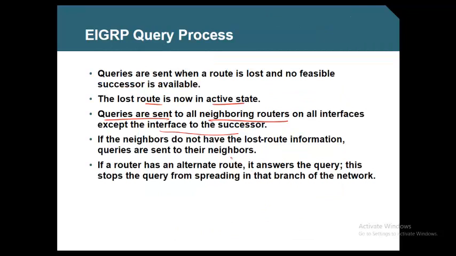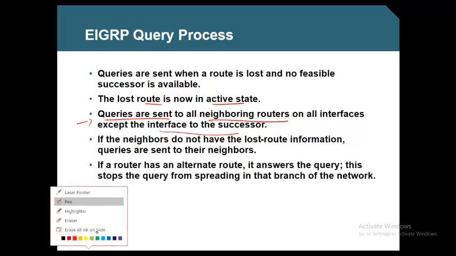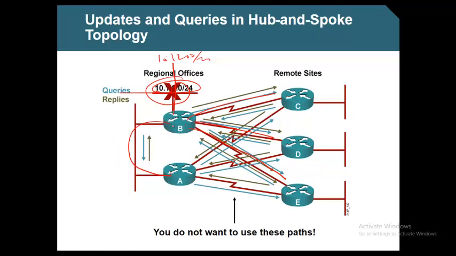You understand now this line: queries are sent to all neighbor routers on all interfaces except the interface to the successor. The successor was the best route. That only has gone down. Why would it query the same path again? It won't query. It knows that it has gone down. It got a message saying that it has gone down. So it is going to send the query message to every other router that is connected.